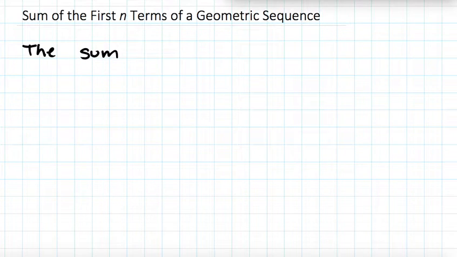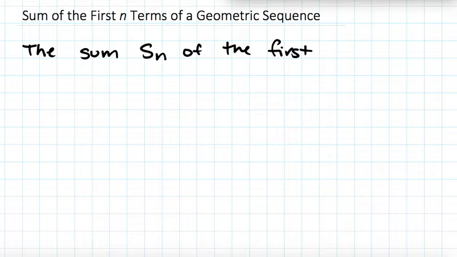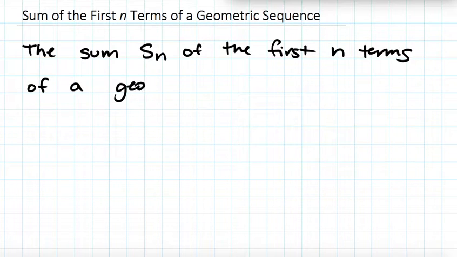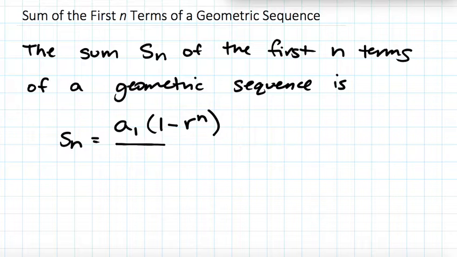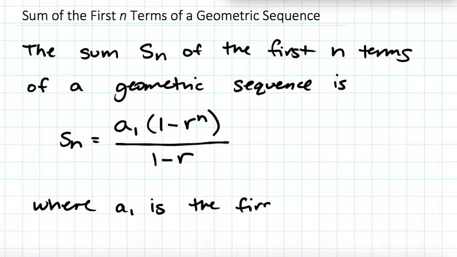So our formula for the sum, which we use S for, S sub n, of the first n terms of a geometric sequence is S sub n equals a1, the first term, times 1 minus r to the n power over 1 minus r, where a1 is the first term, and r is the common ratio.